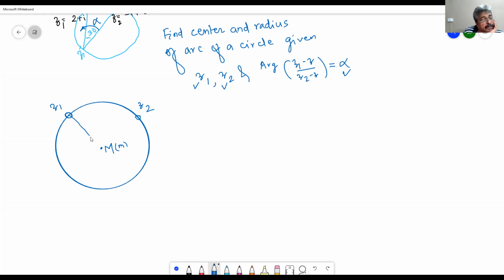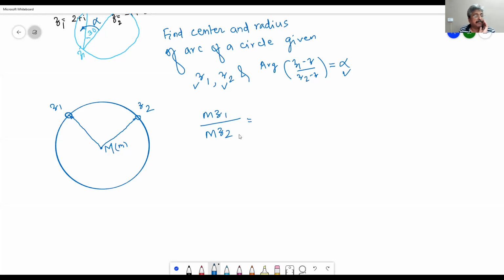Now, if I join this center with z1 and z2, then Mz2 becomes Mz1, correct?